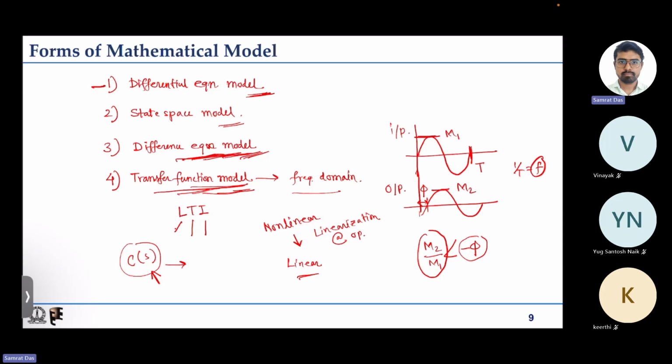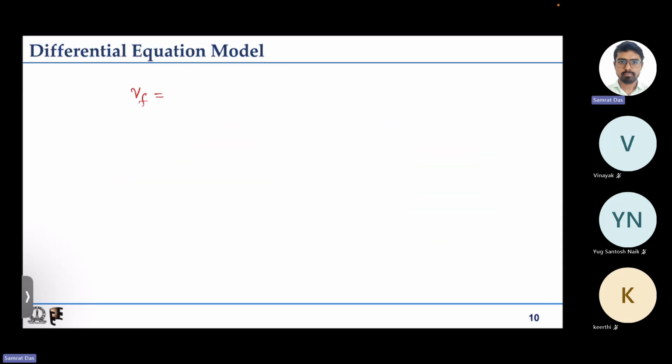So the first one is the differential equation model. I think this we have already discussed quite a number of times. So this is for the field circuit KVL equation. For the armature circuit, it will be VA equal to LA dIa/dt plus RA Ia plus Eb.